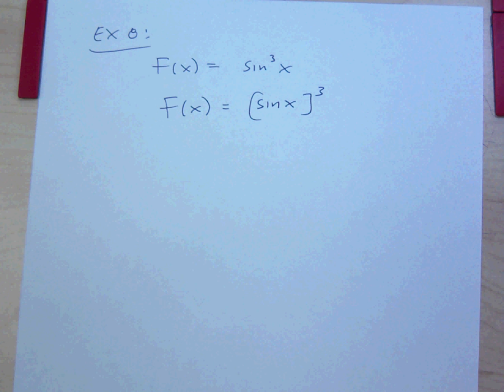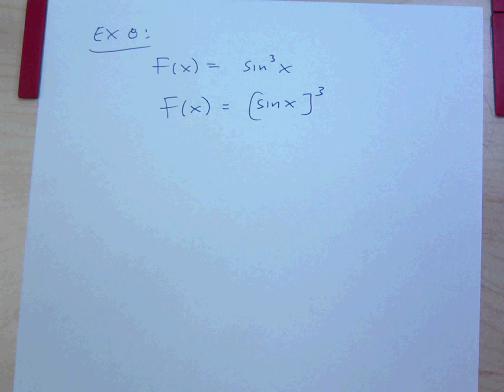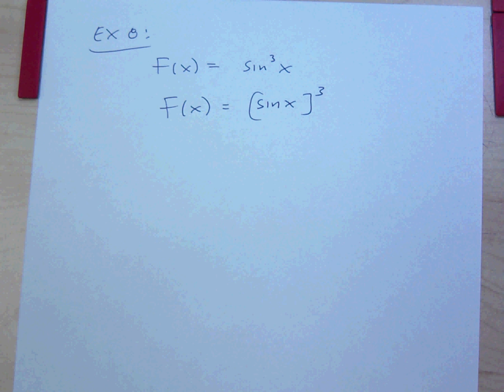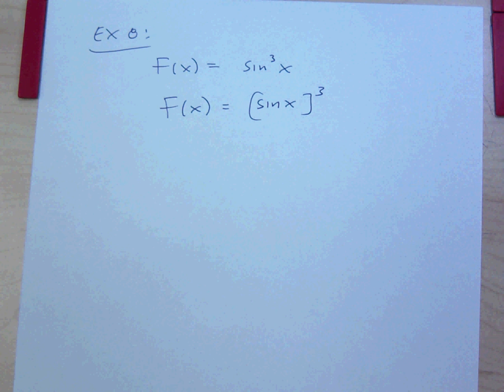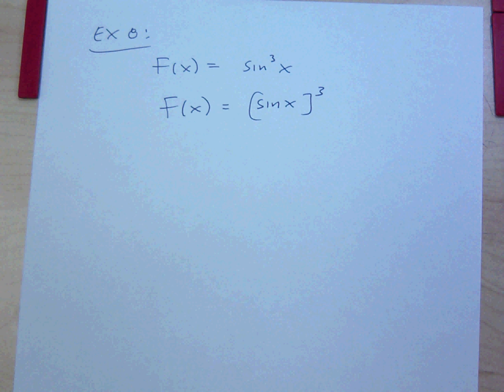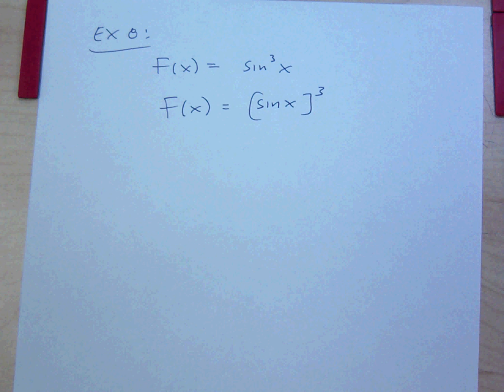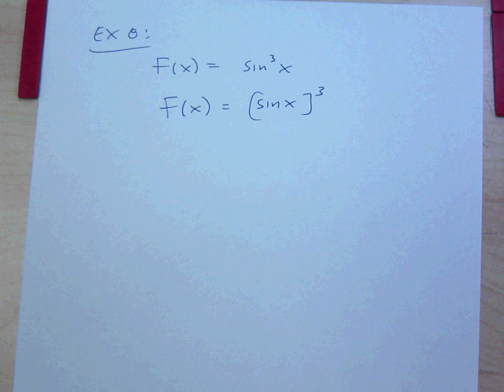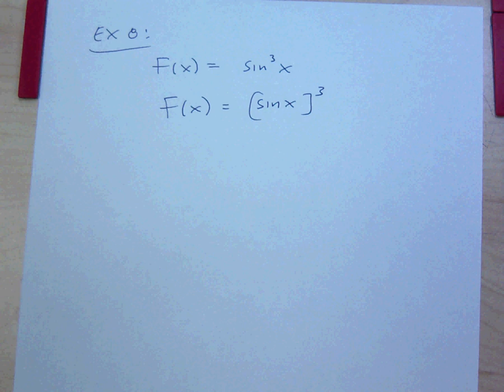Now, at this point, you can see clearly what the outside and the inside function is, right? The outside function is something cubed, and the inside function is sine x. With me? Okay.